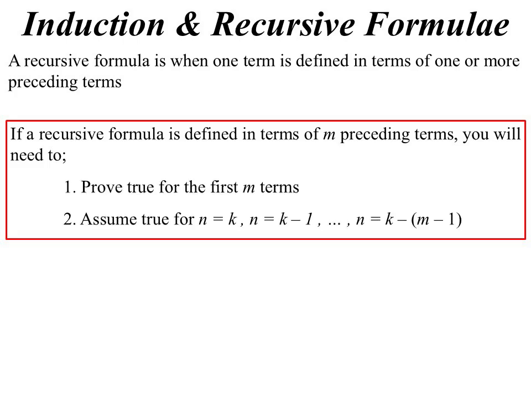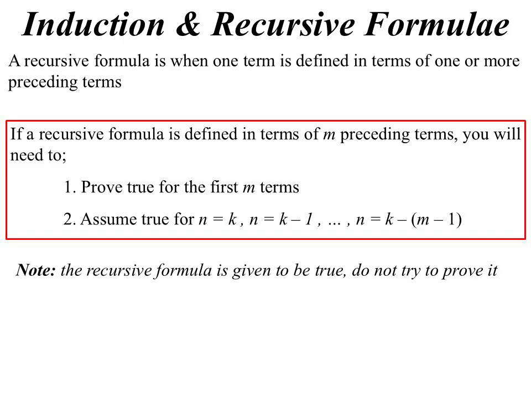And we're also going to have to make an appropriate number of assumptions, because if you think about how we will finish off, say you were involving something that was involving the previous two terms, then I'd have to prove it true for the first two terms. So that in my conclusion I can say, oh well, since it's true for the first two terms, now it's going to be true for the third term because it involved that.